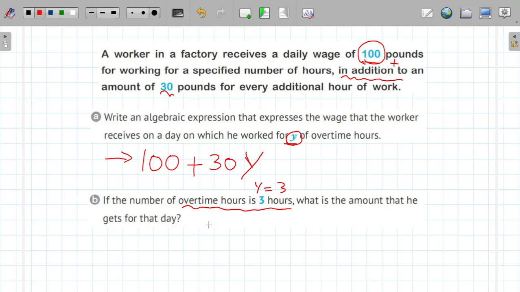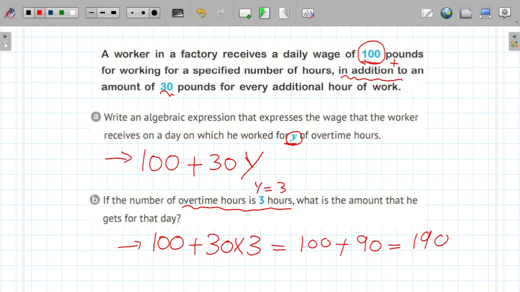So I will replace y with 3. So it will be 100 plus 30 times 3, and 30 times 3 equals 90, so that's equal to 190 pounds. And this is the first one.